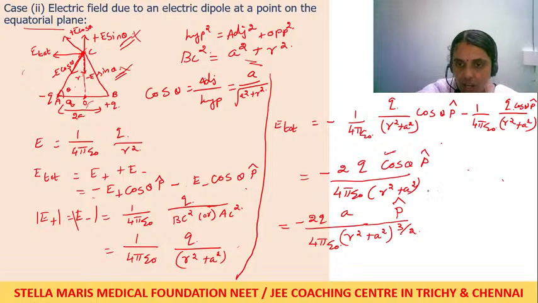Did you understand? Here it is R squared plus A squared and here it is having the root. So we have taken it as 3 by 2. This is the power 1, this is the power half, we have just added these two. So these three terms we know is the P value, correct?